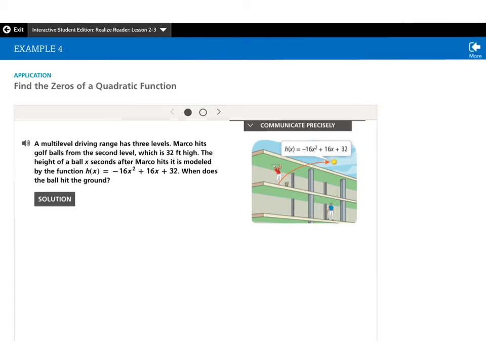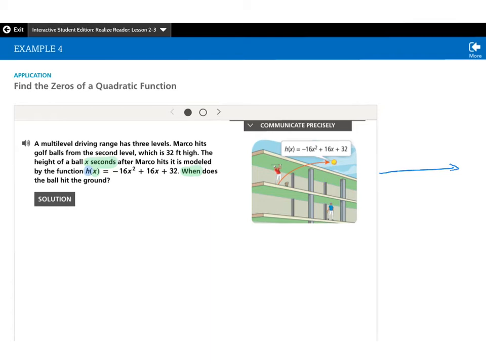So a couple of keywords here. First of all, x seconds. So we know this x, the input, must be time. Secondly, we were already told that h is the height. And thirdly, we're asking when. So we're asking for the x value, right? If I have to graph this out, which is always highly recommended, I'm going to graph it on the side here.